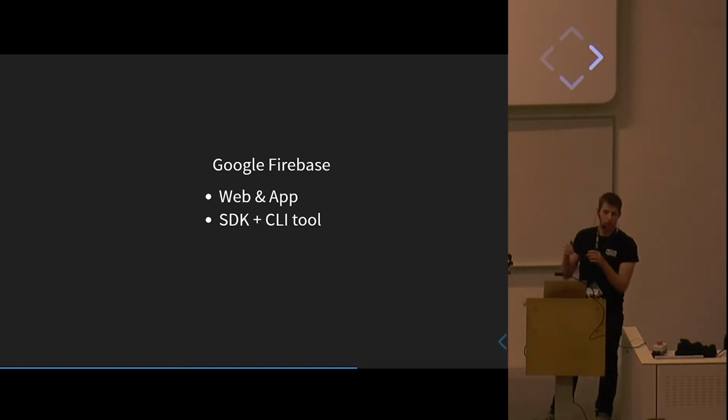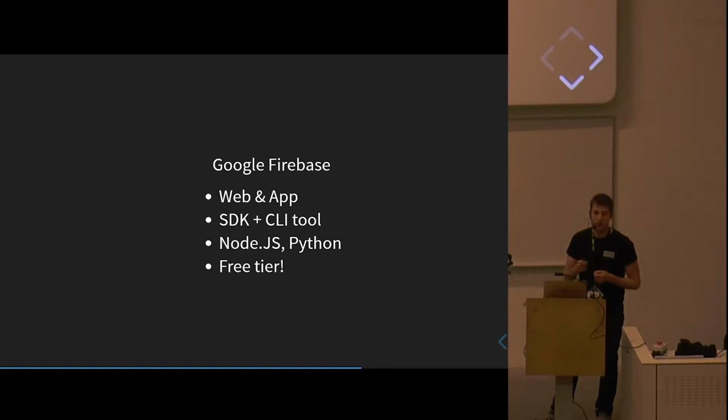You just create some data, type in Firebase deploy, and it will deploy, and you get the URL where it's running. It supports Node and Python, no PHP. And they have a very, very generous free tier. You can do a few 100,000 invocations of a function every month, and they have 1 gigabyte of free hosting and 5 gigabytes of free storage. It's extremely generous, and a lot of stuff you can run basically for free.